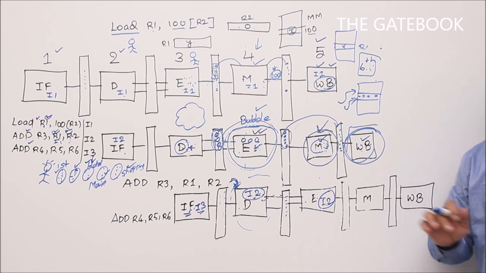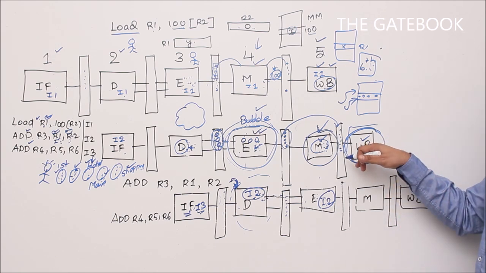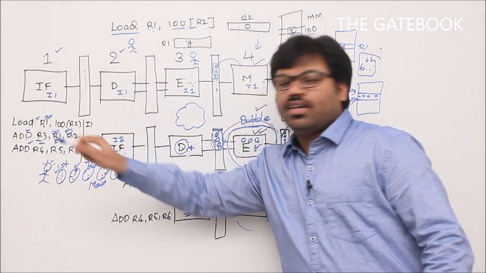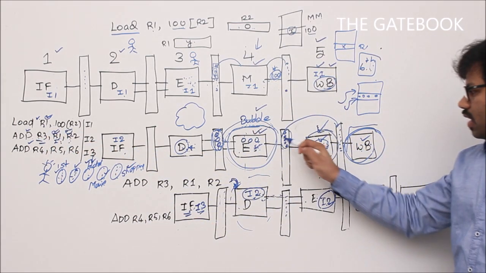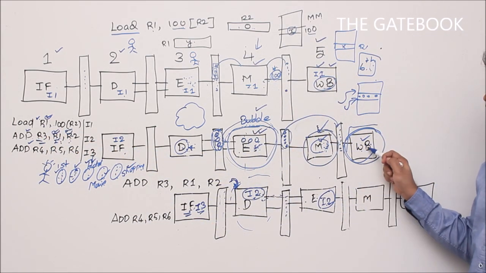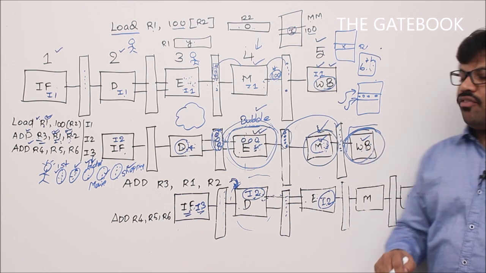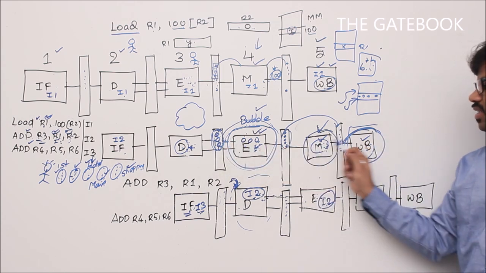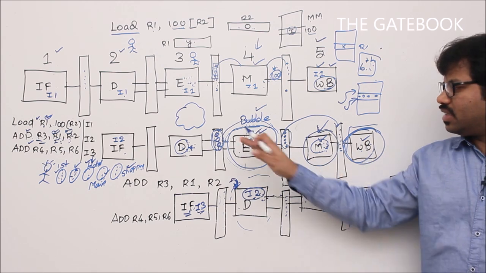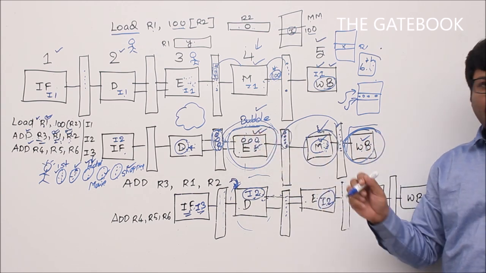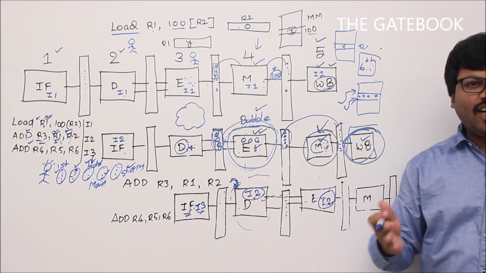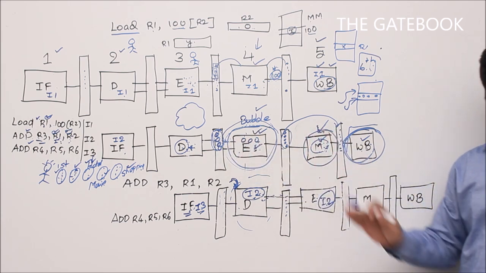If it were really a write, then R3 should be modified. For that the appropriate control signals should be sent, but we are not sending them, so this is also dummy. That means finally these three stages got wasted. They are not doing actual work. They are pretending like they are doing something, but they are not.